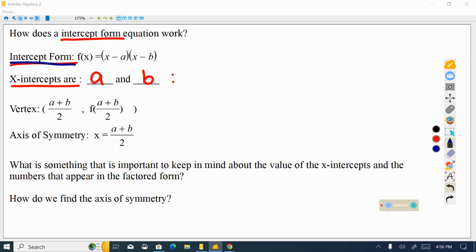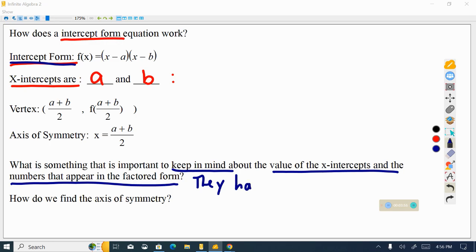So, as it says up here, what is something important to keep in mind about the value of the x-intercepts and the numbers that appear in the factored form? We know that they have opposite sign. Okay, I don't want this video to run too long, and so I'm going to make this sentence short.